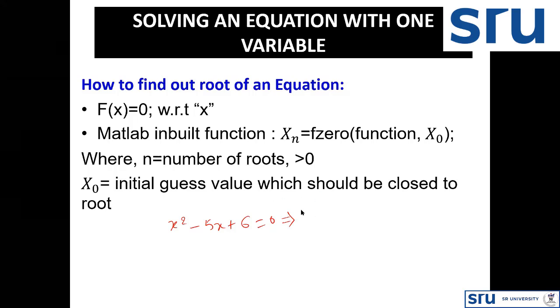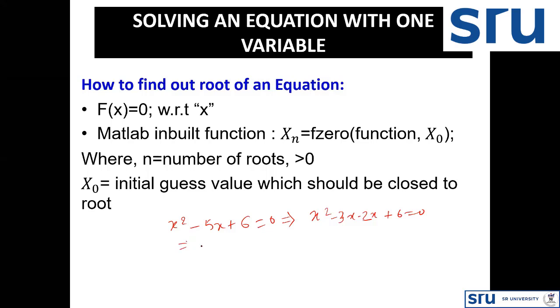Otherwise, you see here what I am doing. So here, x square minus 3x minus 2x plus 6 equal to 0.